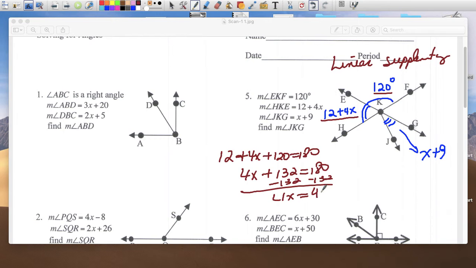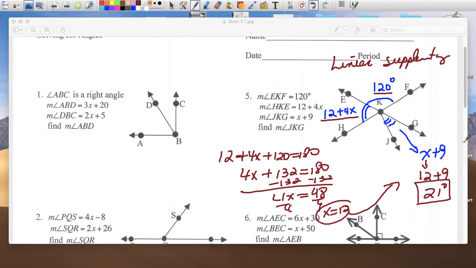Sorry, that was my mistake. Divided by 4, divided by 4, x equals 12. Now I know the value of x. I can come back over here and just plug it in. If x is 12, I change that to 12, plus 9. 12 plus 9 is 21 degrees. So this angle right here is worth 21 degrees. Okay. So you needed to solve the equation to find the value of x.